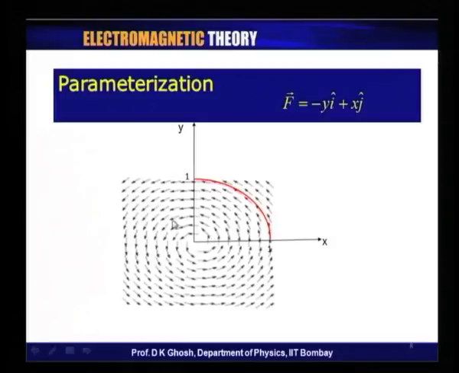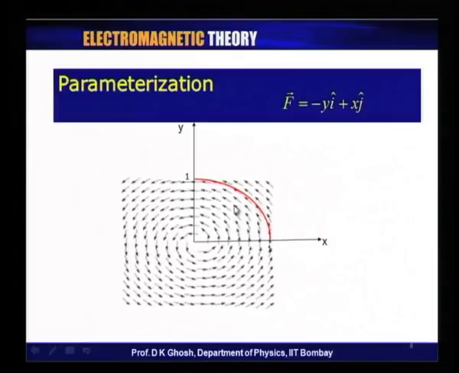Now, if you look at the sketch of the vector field that I have made, you notice that in this quadrant, because x is positive, there is always a positive y component of the vector field.